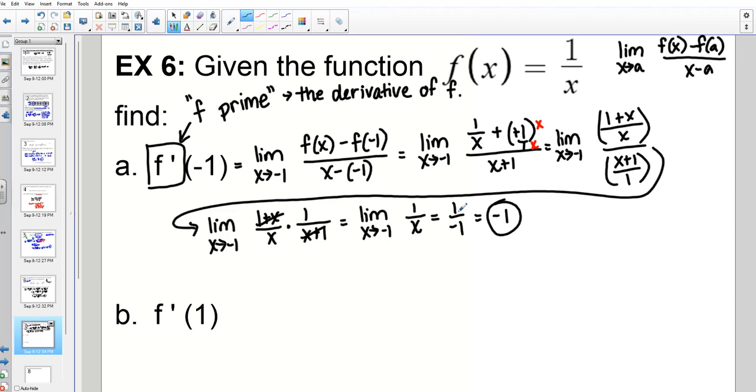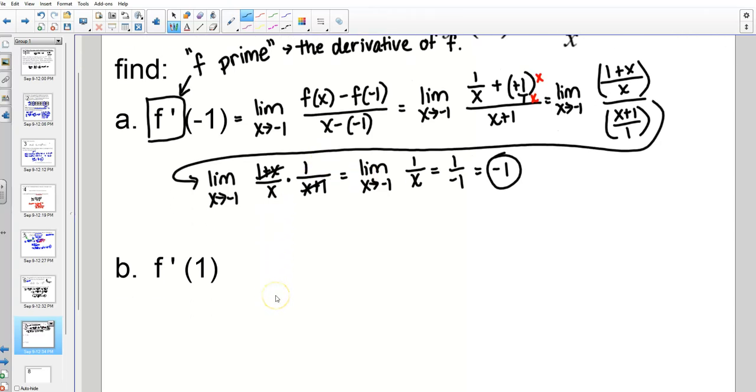Now this problem is a little bit annoying because they're asking us to do the same thing again at another point, right? So it's going to be very similar to what we just did, but I've got to do this again at another point. So it's still going to be the limit as x approaches, but this time a positive 1 of f of x minus f of 1 over x minus 1.